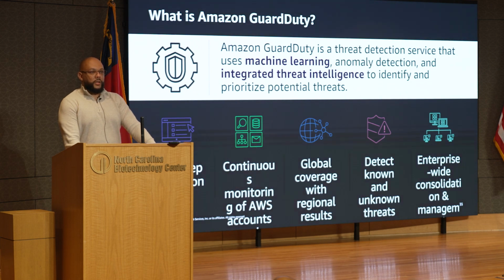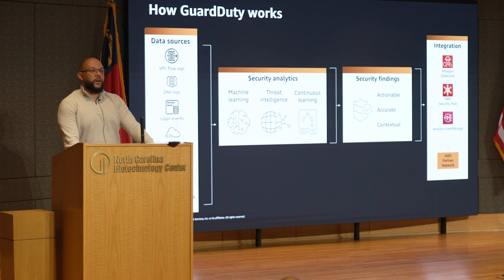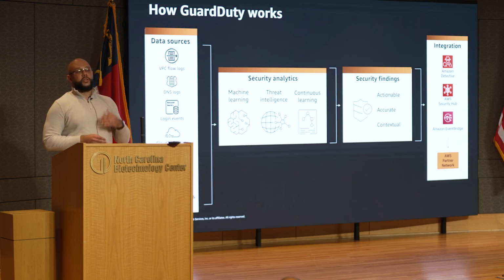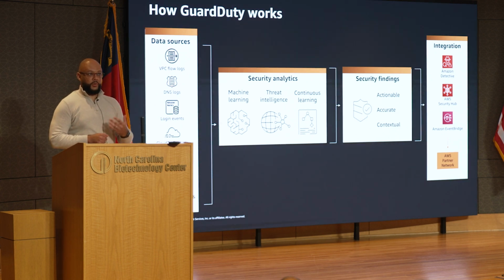So you say, hey, that's all well and good, but that's a lot of logs to look through. How can I simplify this a little bit? So Amazon GuardDuty. Amazon GuardDuty is our foundational intrusion detection service for AWS, for the AWS control plane.